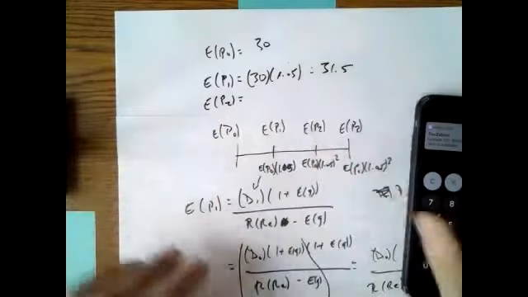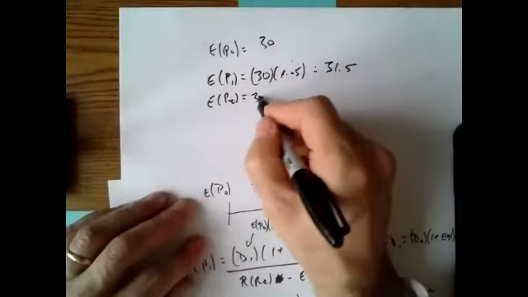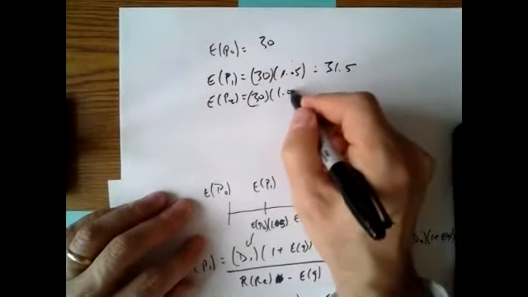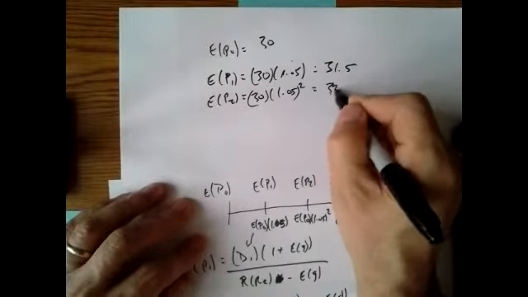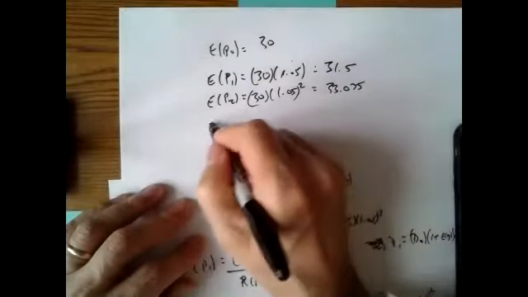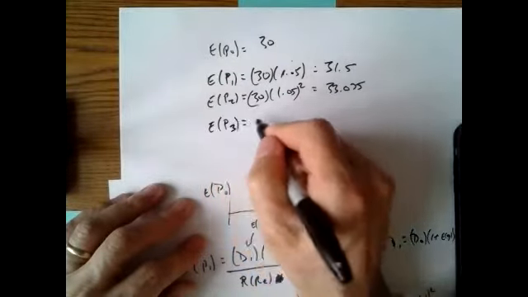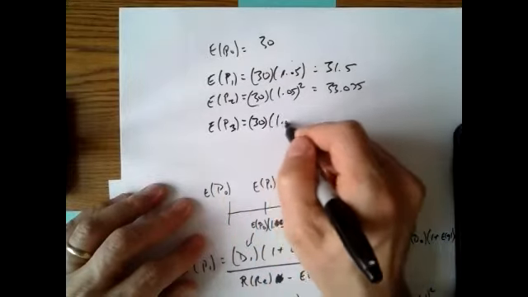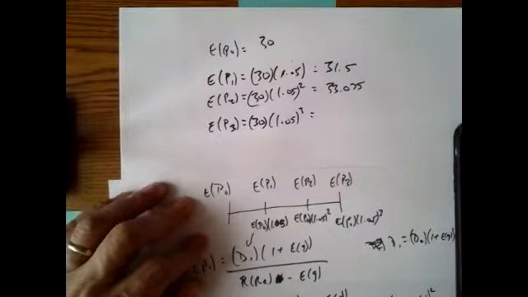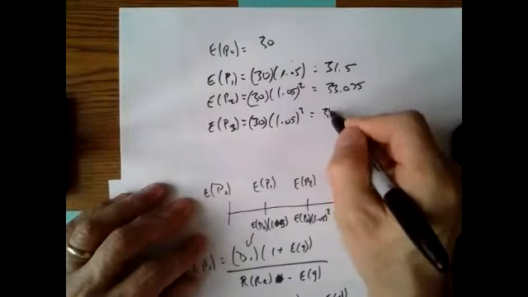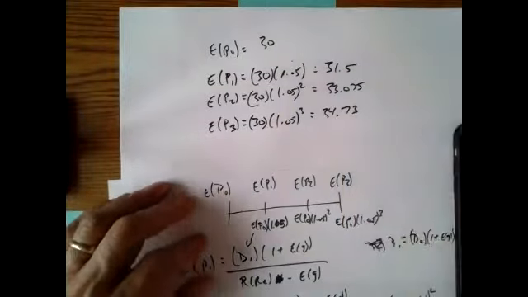EP2 is 30 times 1.05 squared, which is 33.075, and EP3 is 30 times 1.05 cubed, which is 34.73.